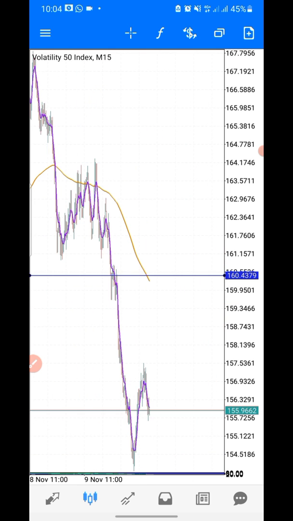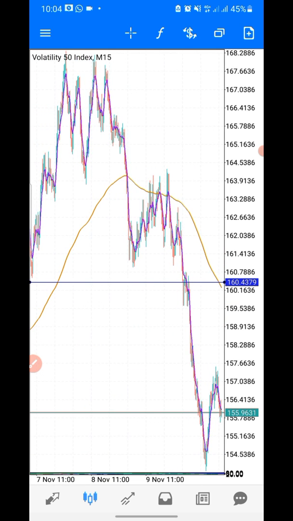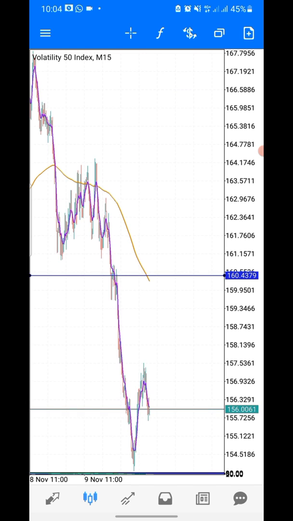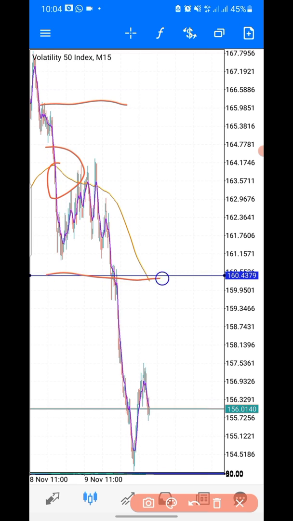So this would actually have been our profit target. Let me zoom. This would have been our entry, this would have been our stop loss, and this here would have been our profit target.